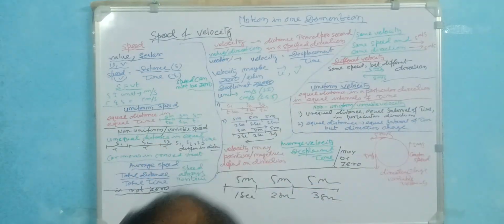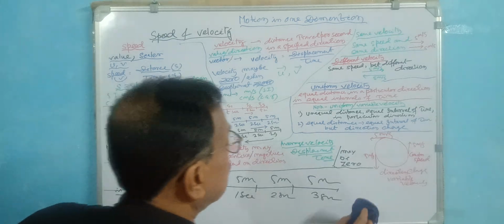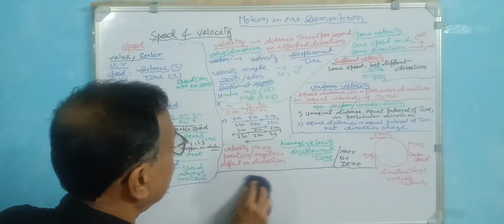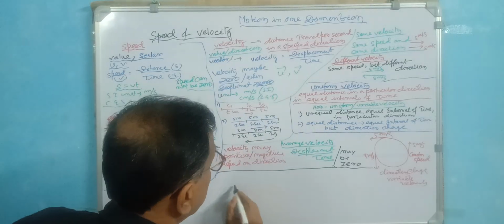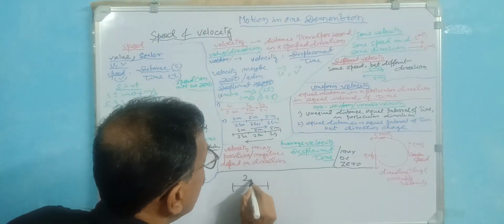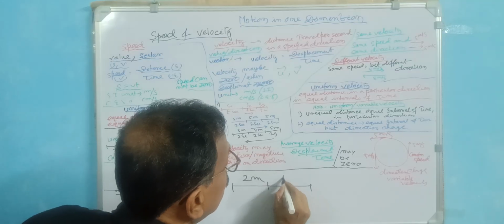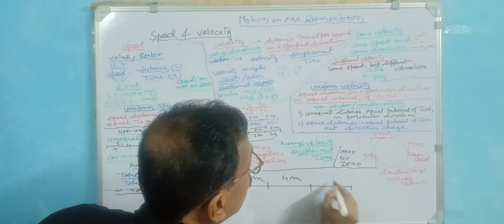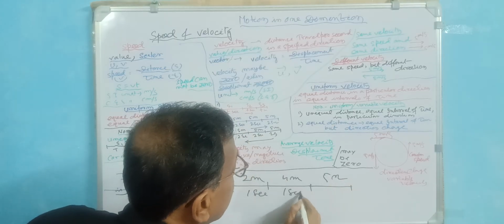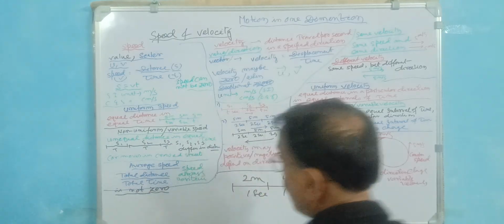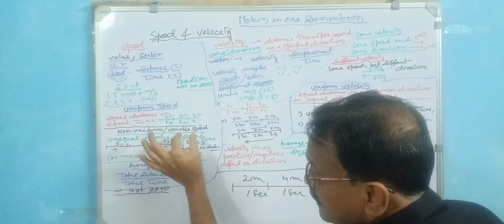Sorry, it is unequal distance in equal time. Suppose this is 2 meter, this is 4 meter, this is 5 meter, and each takes 1 second. Unequal distance in equal time.